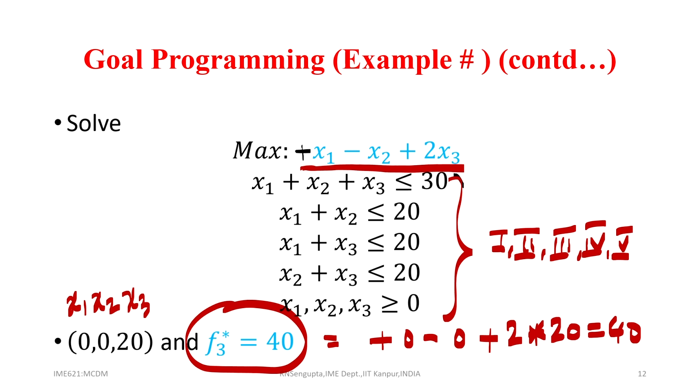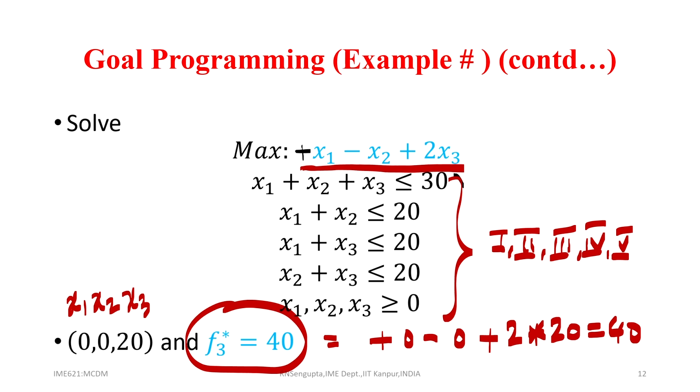So, the corner points 20 0 0, 0 20 0, 0 0 20 are the corresponding optimal points for objective function 1 shown in red, then for objective function 2 shown in violet, and last for objective function 3 shown in blue.